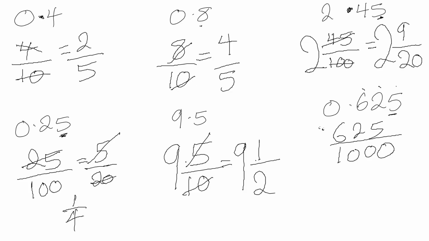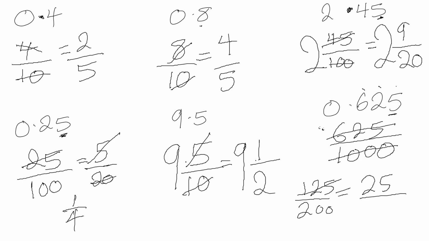625 divided by 5 is 125, and 1000 divided by 5 is 200. We still need to simplify this. 125 divided by 5 is 25, and 200 divided by 5 is 40.